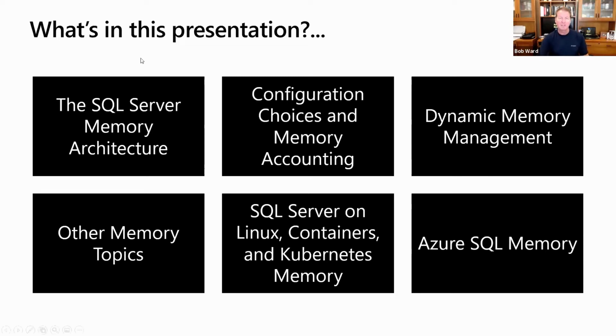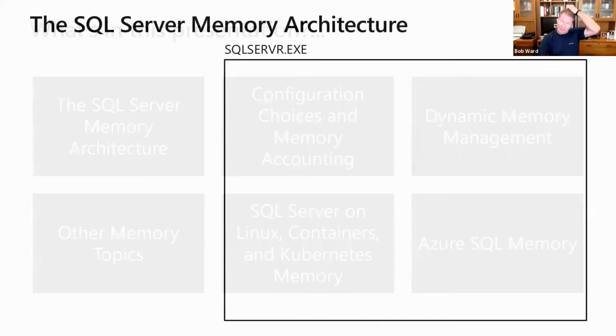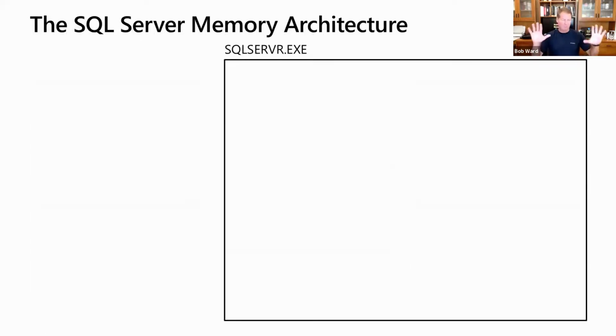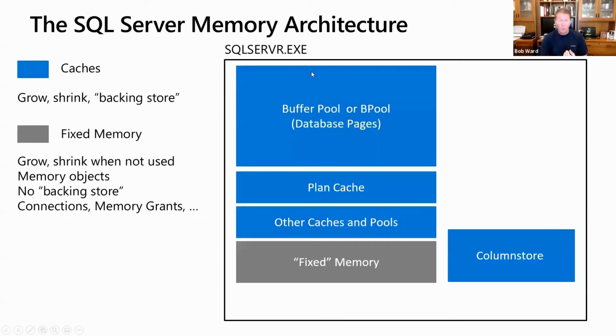So with that in mind, let's start out by talking about the architecture at the highest level. This is Bob's view of the world of memory architecture. If you look at the SQL Server process, at a highest level, you can think of memory that the SQL Server engine manages and memory outside of what we manage to look like the following. One is we have caches.